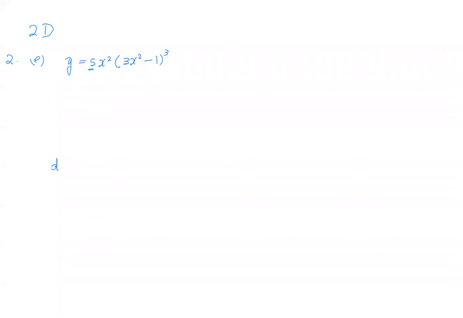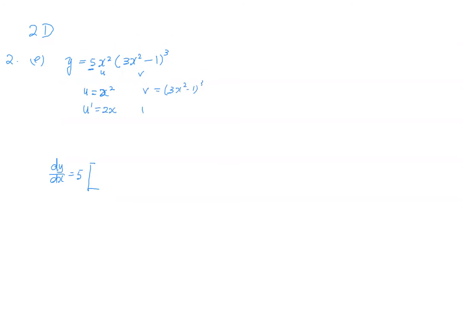So when I do my dy dx, I will put the 5 outside. I will take this as my u, this as my v, so that I don't have to factorize so many times. That is how I do. So this is x squared, so u prime will be 2x. V is 3x squared minus 1 cube.